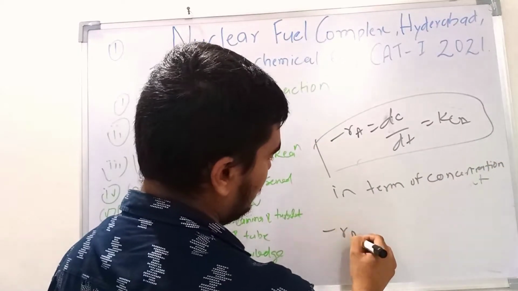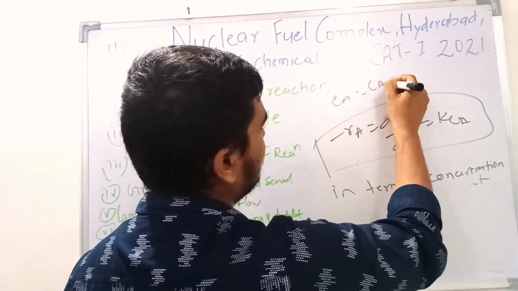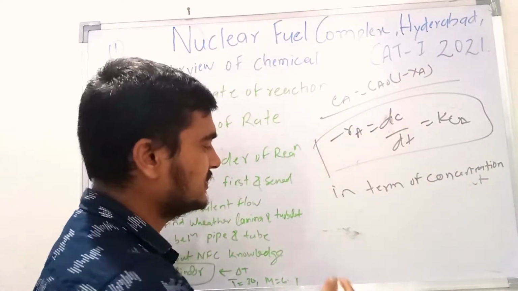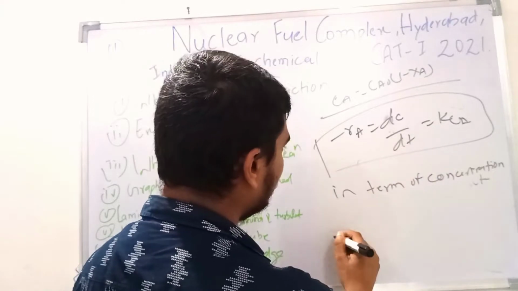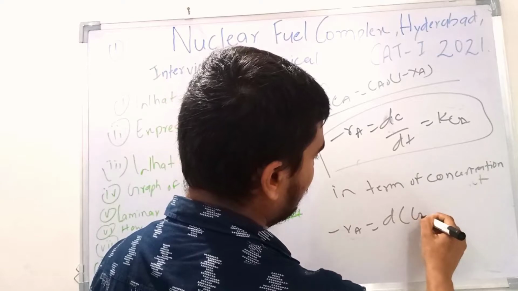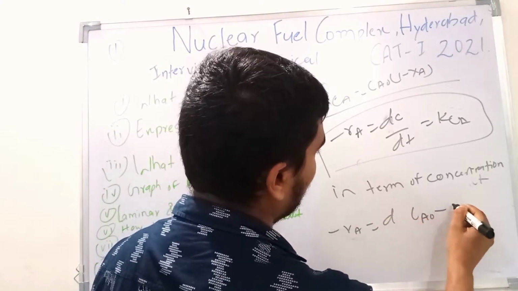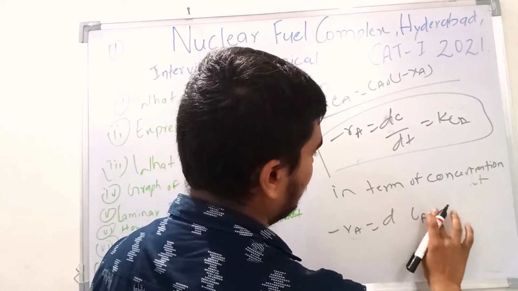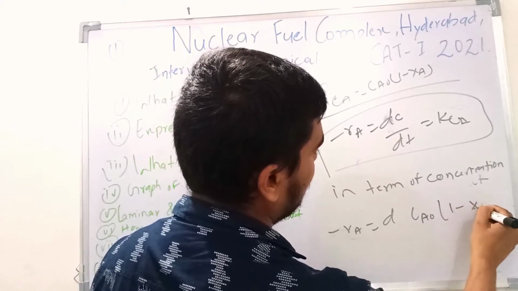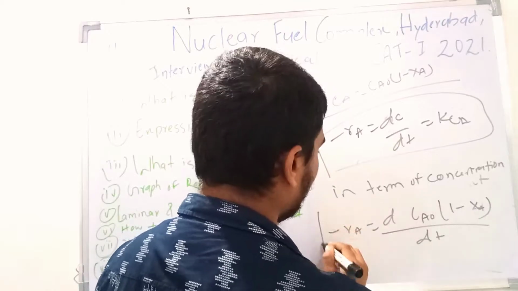Then you also know that C_A = C_A0(1 - X_A), so you can easily put this in the equation: -r_A = -dC_A, where C_A = C_A0 (1 - X_A), and dt.